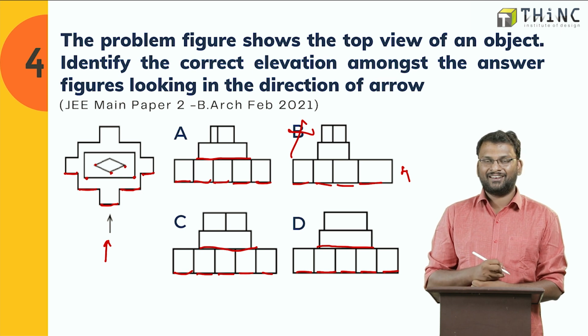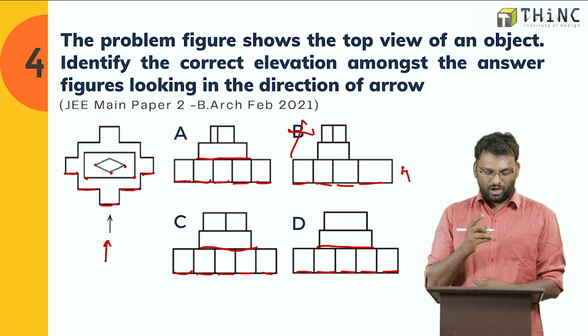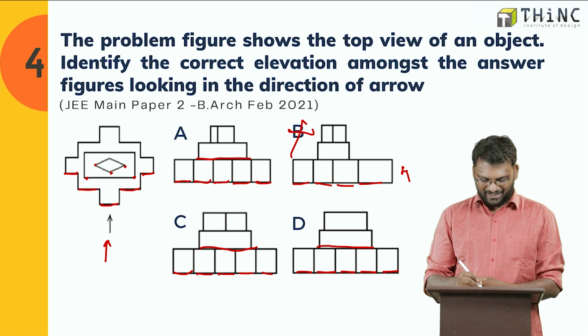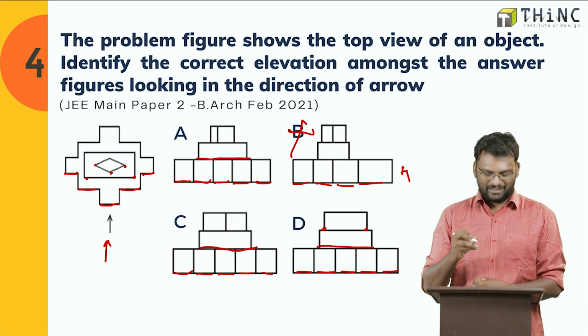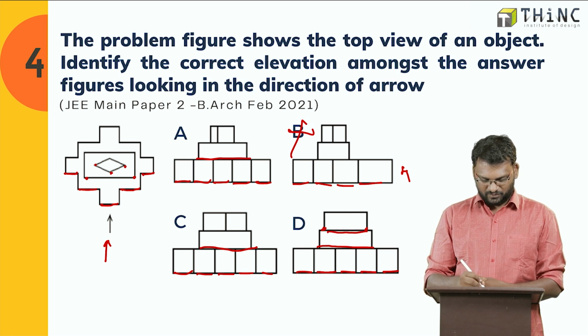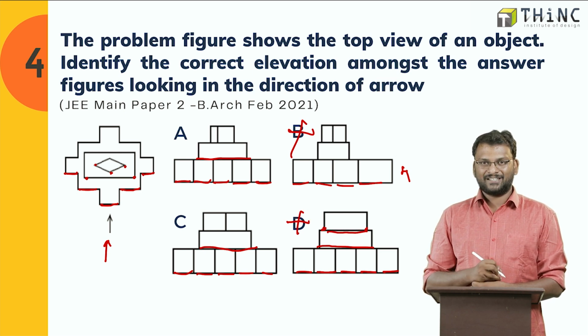In the straight line you can find 3 vertices along with 2 edges. Option D is ruled out because it has 2 vertices with 1 edge through here. So option D is ruled out.